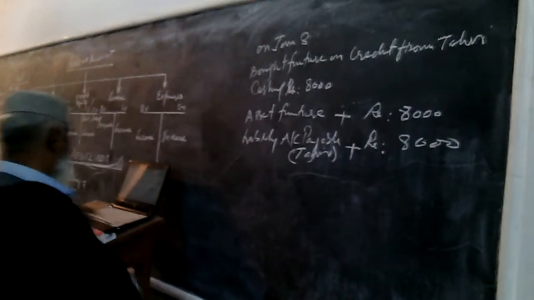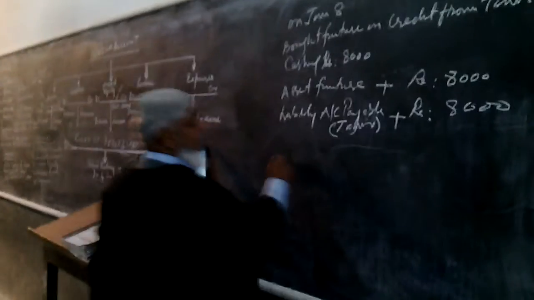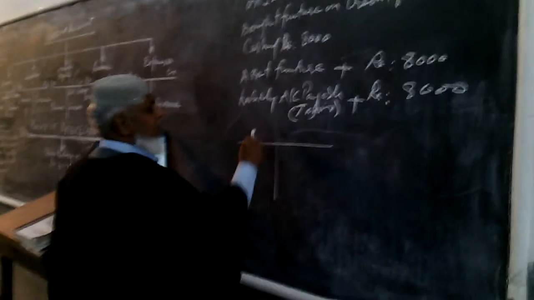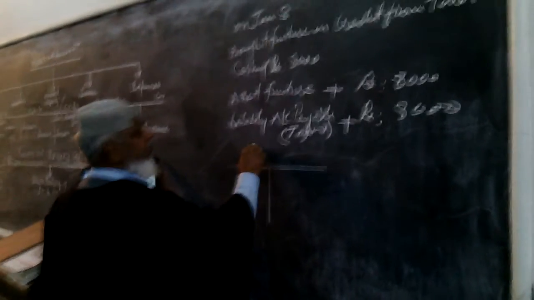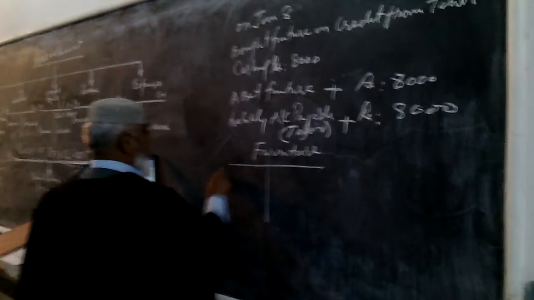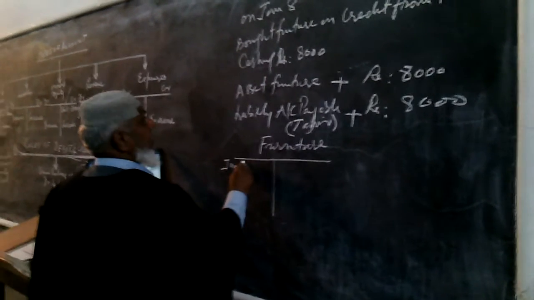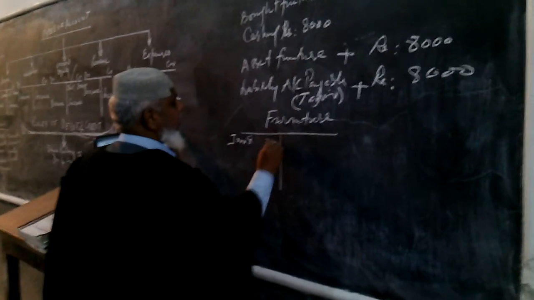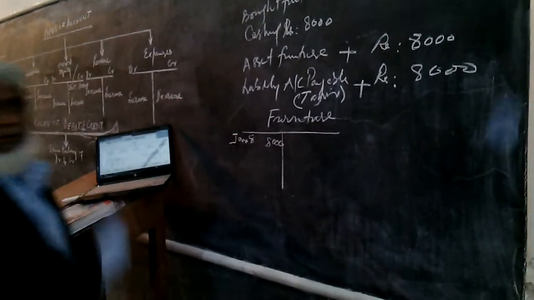You will record like here. Furniture, January 8, 8,000, is the first effect.